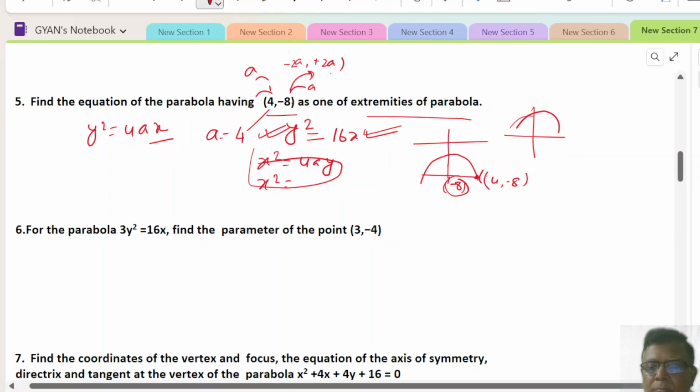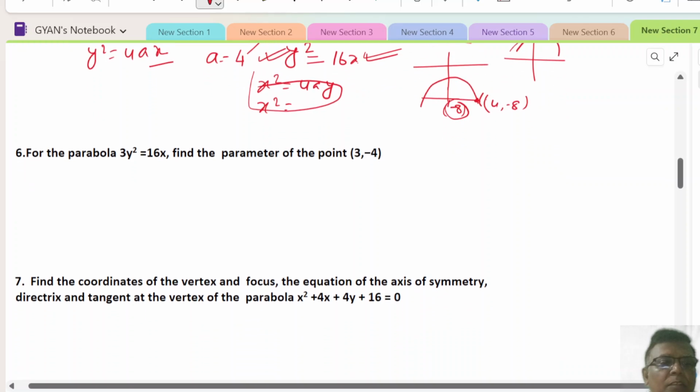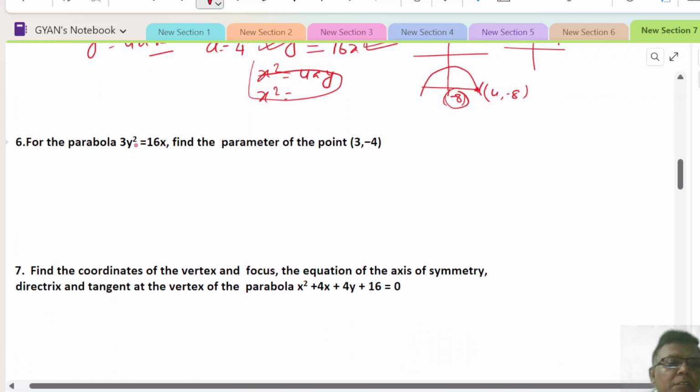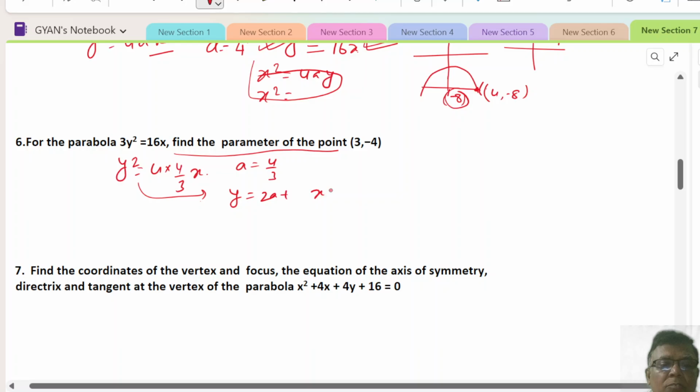Now come to question number 6. Here, y square is equal to 4 into 4 by 3 x. Find the parameter of the point. So a is equal to 4 by 3. The parameter of this point is y is equal to 2at and x is equal to at square.